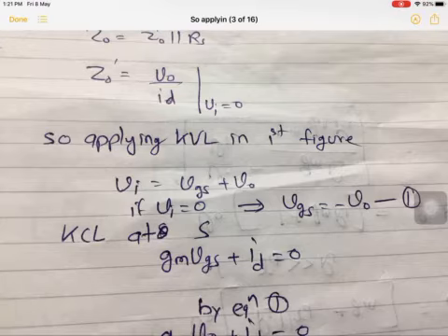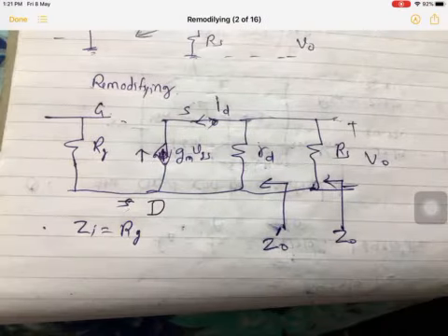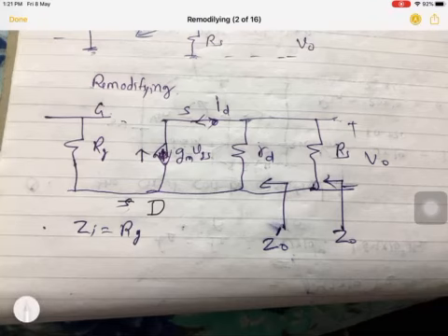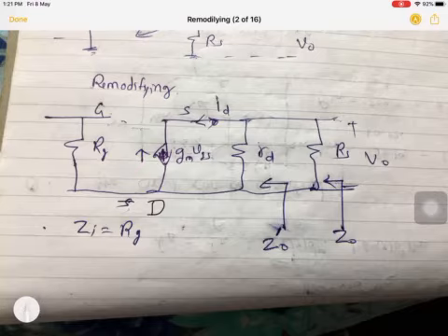What is Z0 dash? It is the impedance of this part. So I have to calculate Z0 dash. Z0 dash is the internal output impedance of the circuit. In parallel with RS, it will provide me the total output impedance of the circuit.